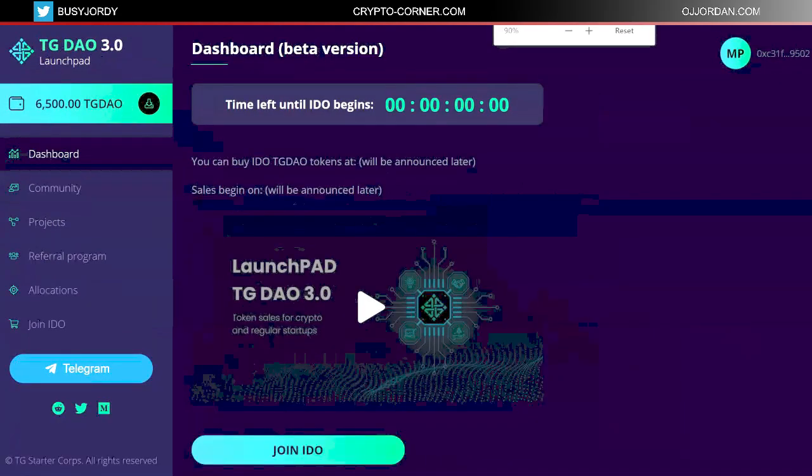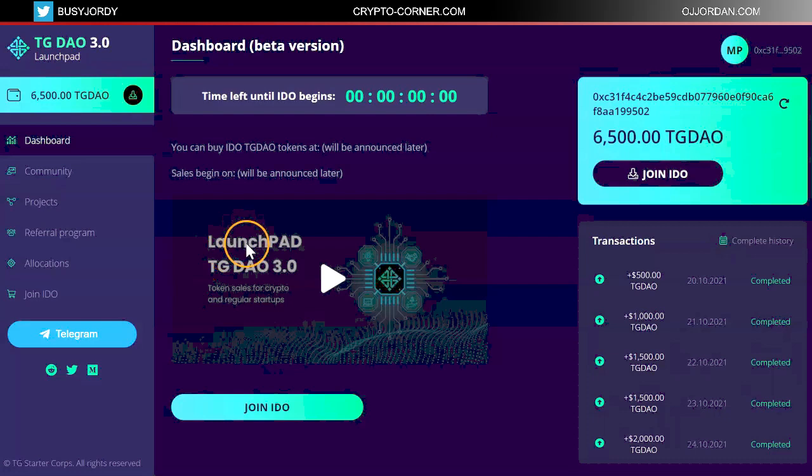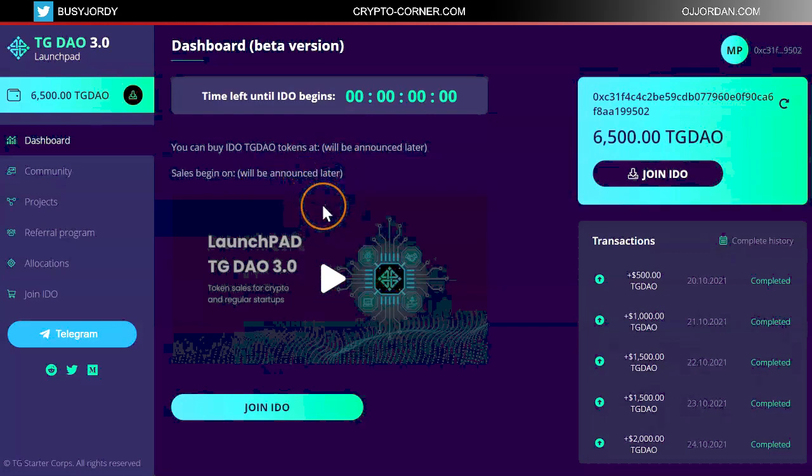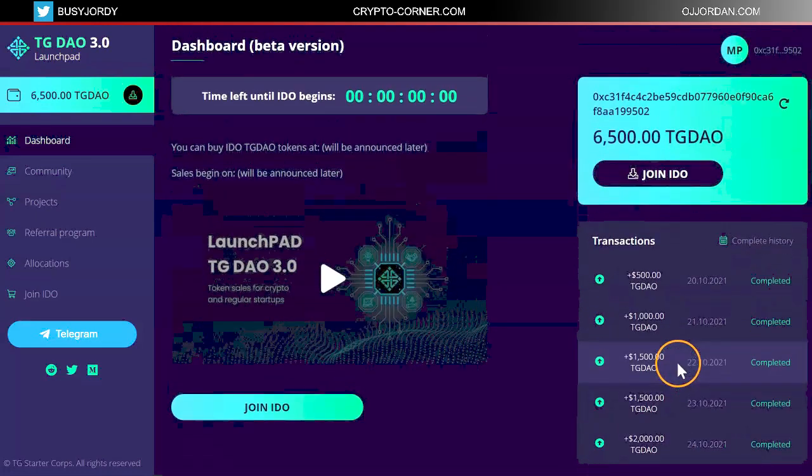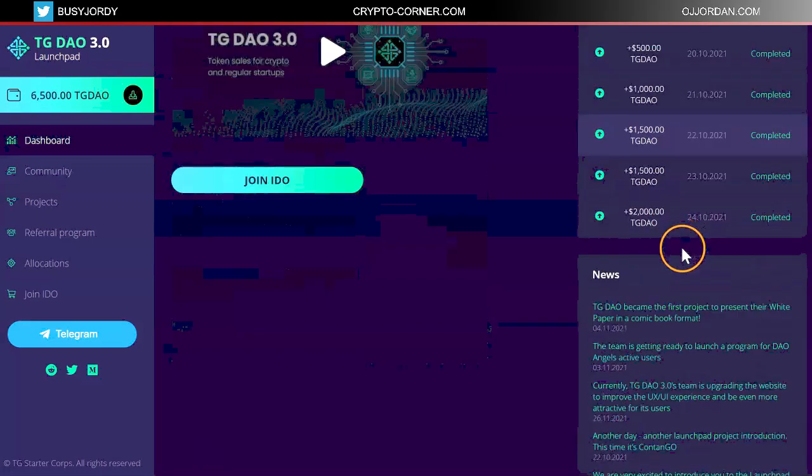So if we zoom out a little, we're going to see everything that is on the screen. Here in the middle part is where we're going to see the info about the upcoming and current activities. Also here we have widgets, we have our wallet balance, transactions, and even news. So this is all very good to keep up, not only on track with your account, but also with what TG DAO is doing.